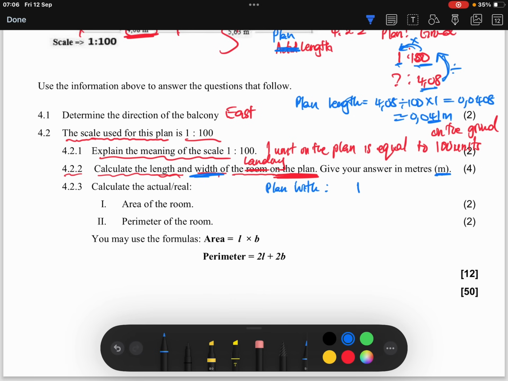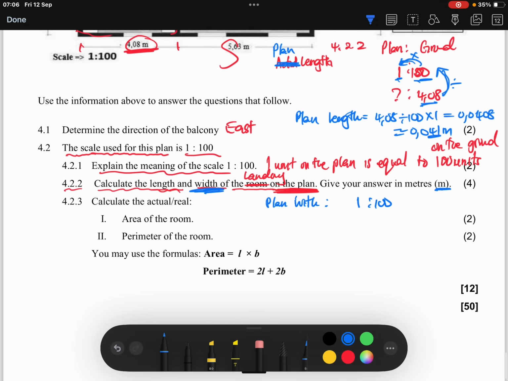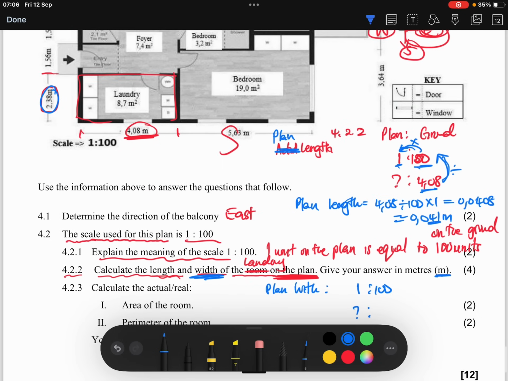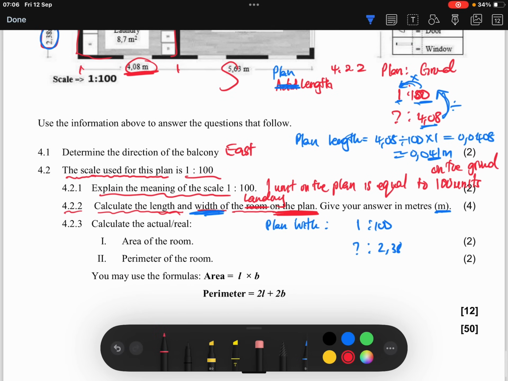We use the ratio 1 is to 100. We are doing the width now, 1 is to 100, and the question mark is on the plan. We are looking for the plan, and the width there is 2.38, right? Then we do the anti-clockwise. We divide, we times.